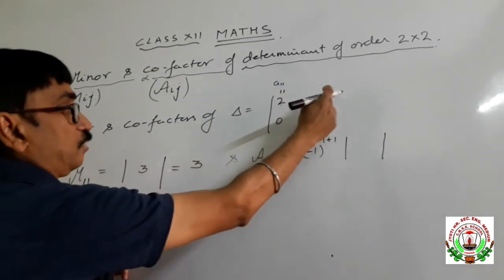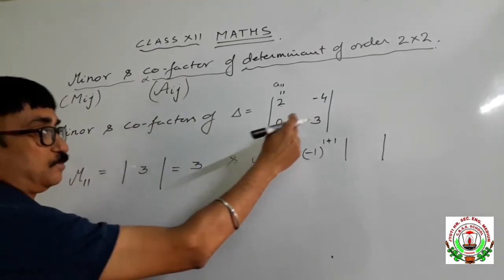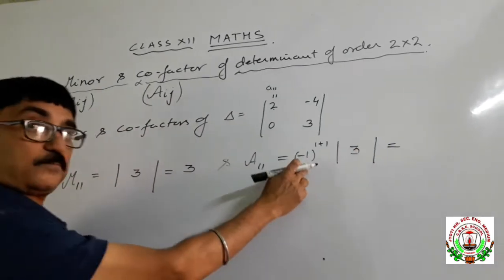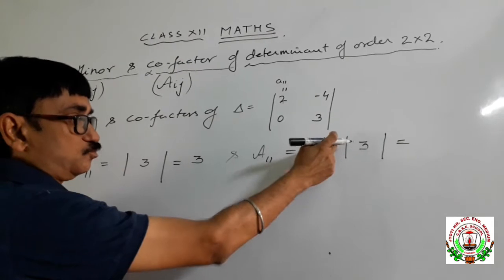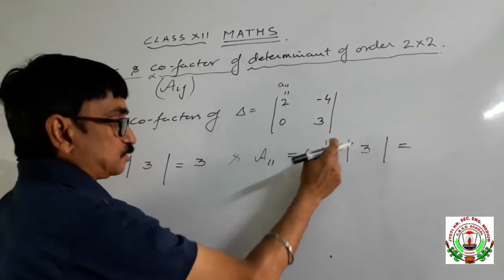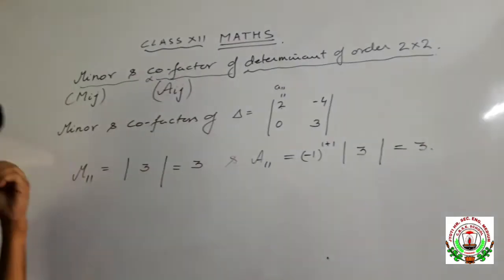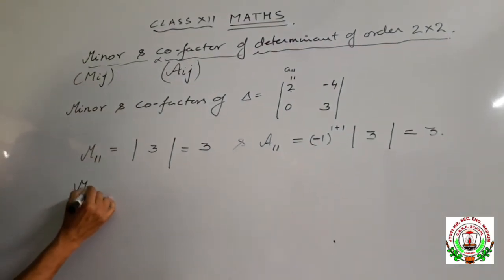We delete the first row and the first column, we are left with 3, which is equal to minus 1 to the power 1 plus 1, that is 2, minus 1 to the power 2, that is positive, which gives us the answer again 3.